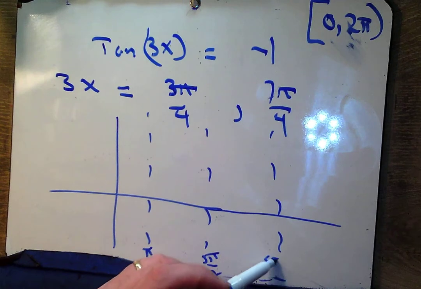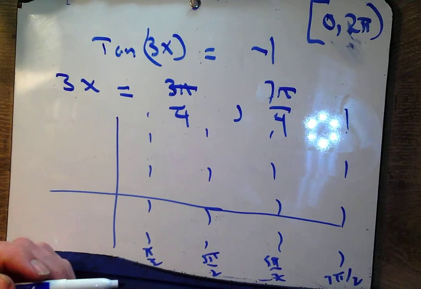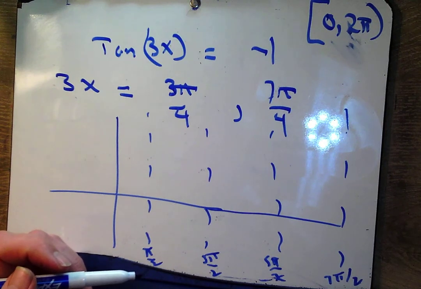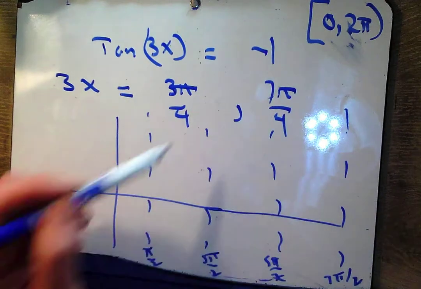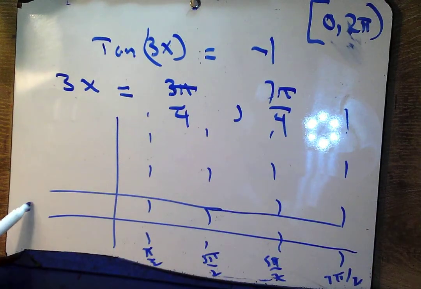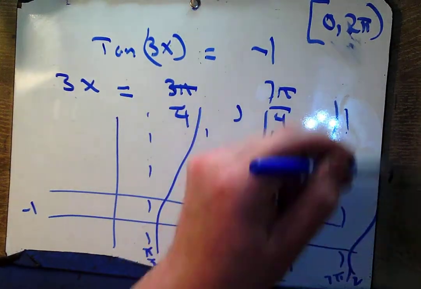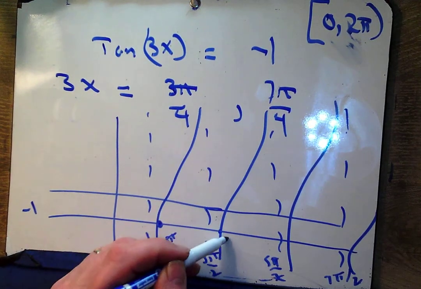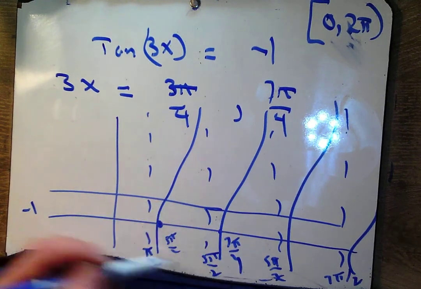This is 5 pi over 2. And this is 7 pi over 2. Yeah, so we're wondering when this is equal to -1. And so I see this one at 3 pi over 4, and this one at 7 pi over 4. And I guess you could say that's one surrounding unit circle.